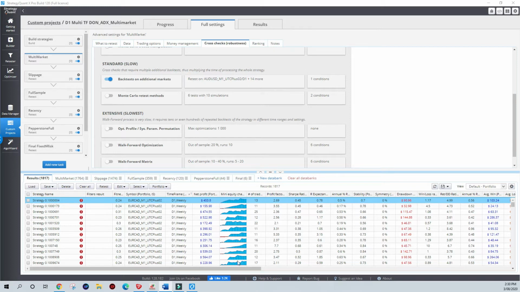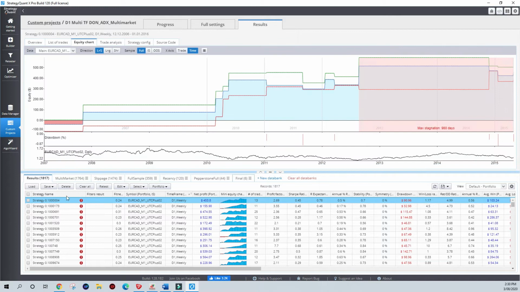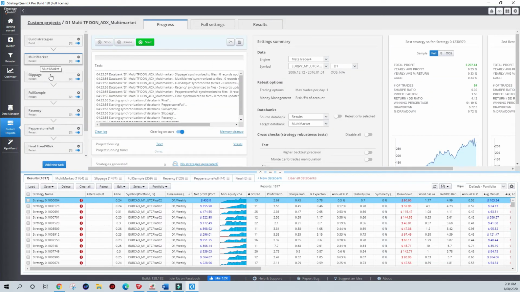So while this solution here gives 13 trades over an extended period between 2007 up to 2016, we then take this to the multi-market phase of the process, where we apply the solution to 14 other liquid Forex markets, but we are getting ahead of ourselves. So in a nutshell, disregard that informational warning of SQX and progress on, my friends.